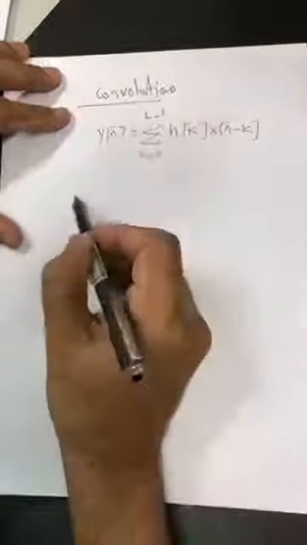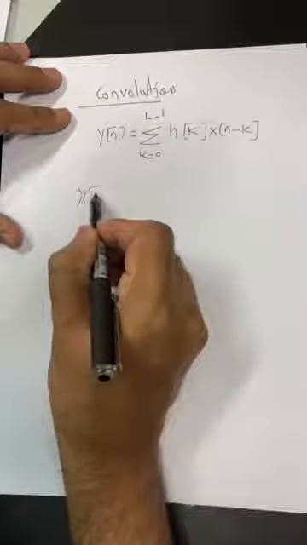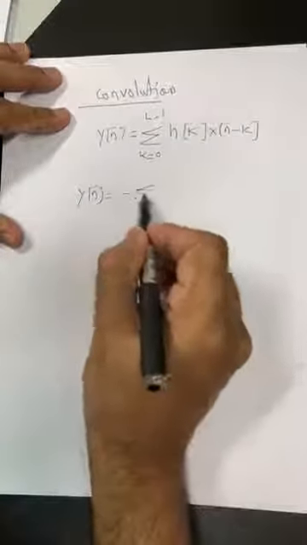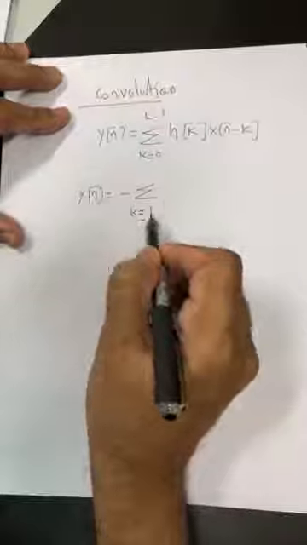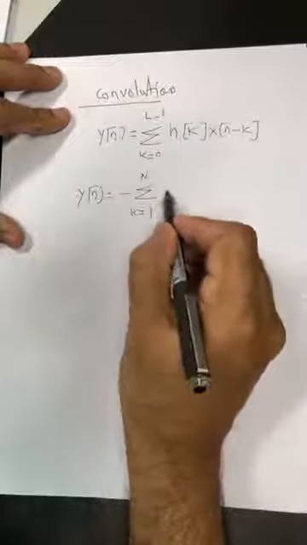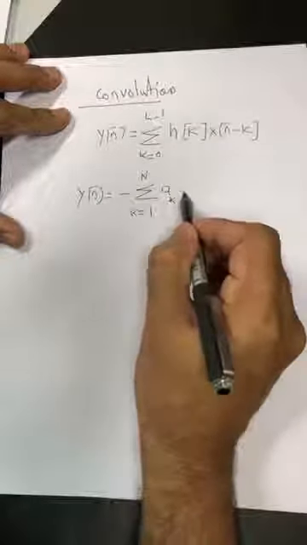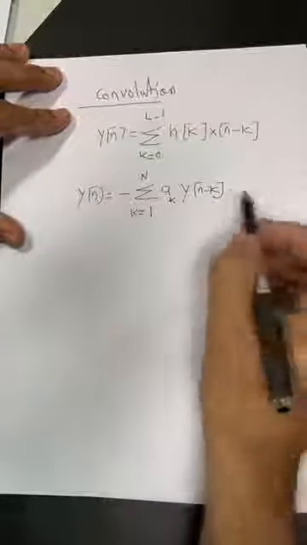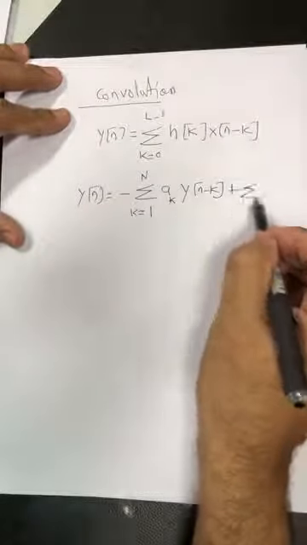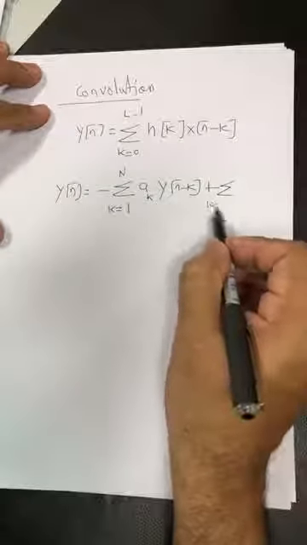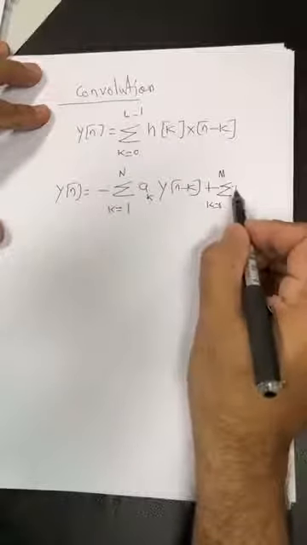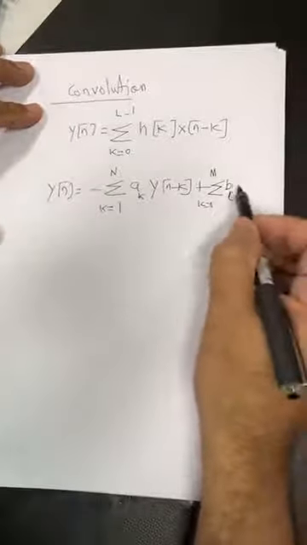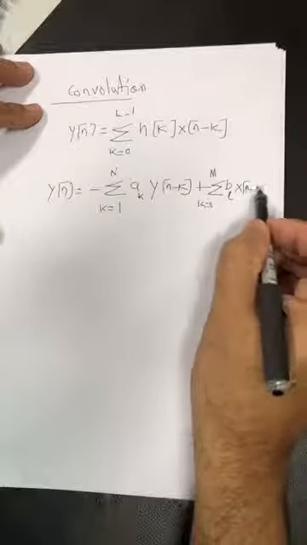And the second one is y of n is equal to minus summation k goes from 1 to N of a of k y of n minus k, plus summation k goes from 0 to M of b of k x of n minus k.